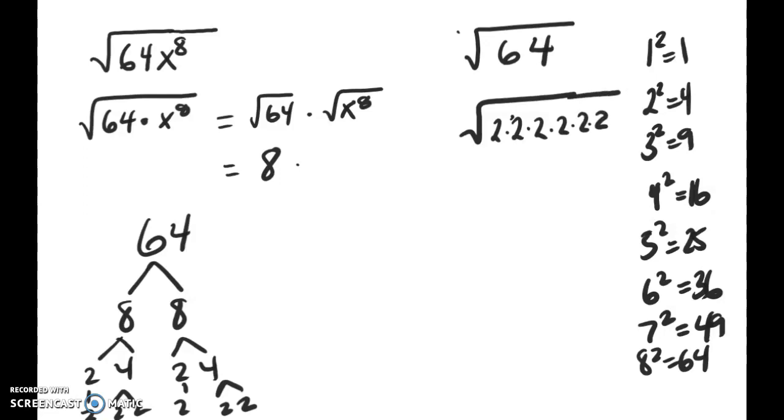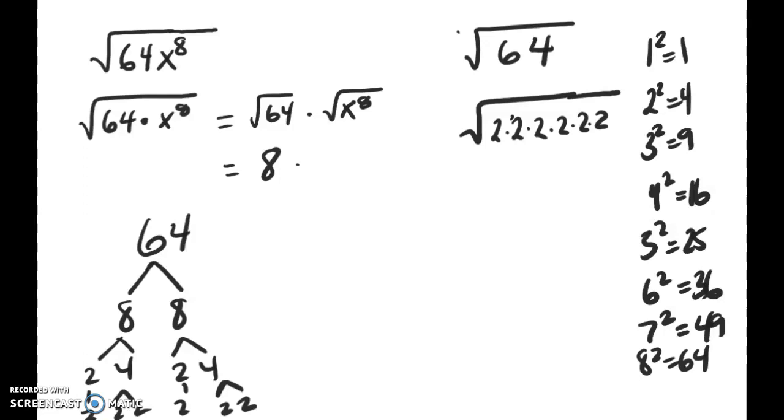And so another way to approach square root problems is that for a square root, you're looking for pairs. This does not work for the cubic root, the fourth root, or the fifth root. You have to match the index. So in a cubic root problem, we would be looking for triples.